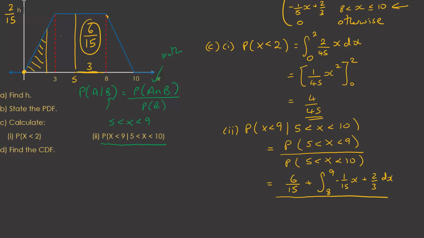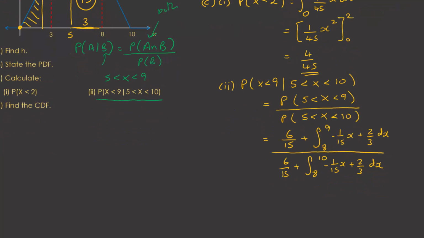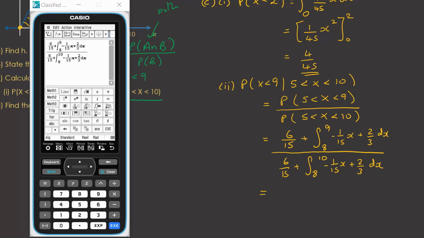And then the bottom is going to be 6 over 15 plus the integral from 8 to 10 of negative 1/15 x plus 2/3 dx. And so we just need to calculate that. And so I've used the class pad to do that, and we can see that is 15/16.